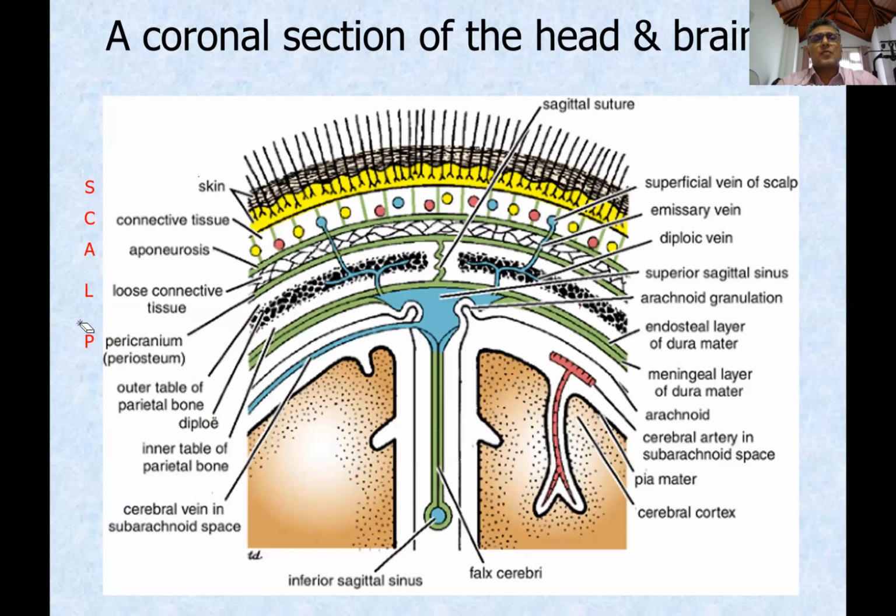So if somebody asks you why there is profuse bleeding in scalp lacerations, one reason is there is a very good, very rich blood supply to the scalp with a lot of anastomosis. You can name the arteries later when you learn the details about the names of the arteries. For the moment, you can't say that.